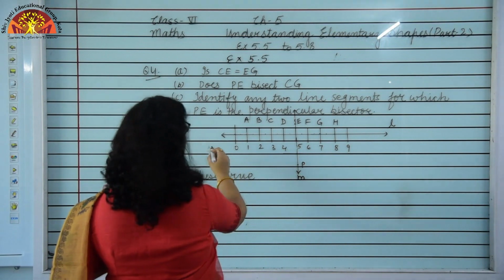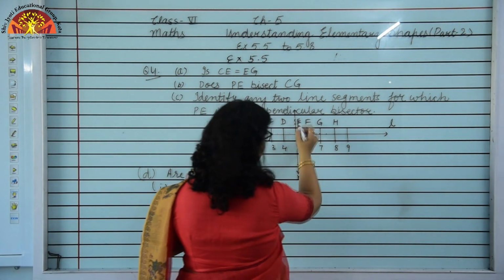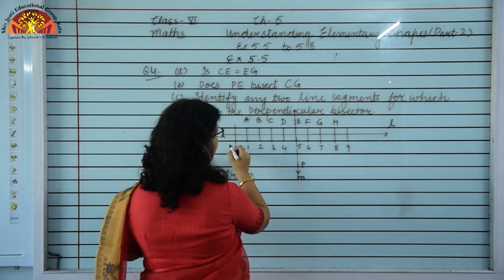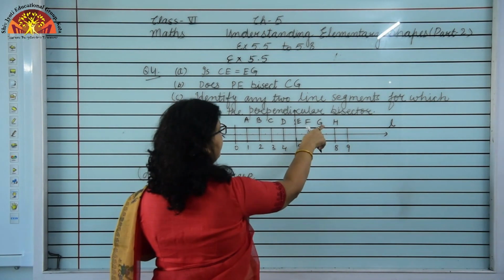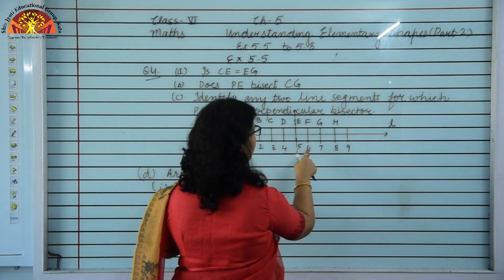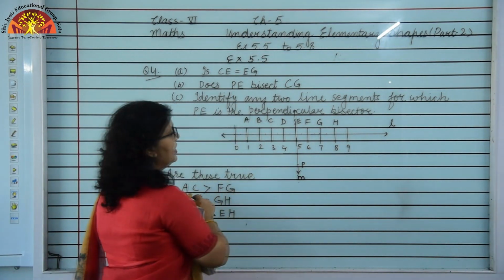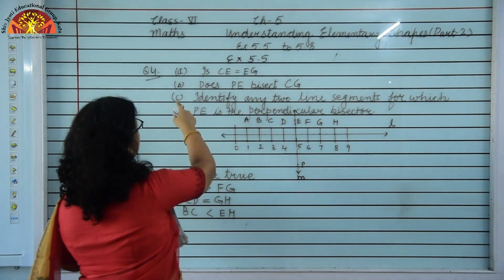Students, in this figure we have line L and line M and we have these points on this line A, B, C, D, E, F, G, H and this is marked by 0, 1, 2, 3, 4, 5, 6, 7, 8, 9. Now on the basis of this figure we give the answers to the questions.